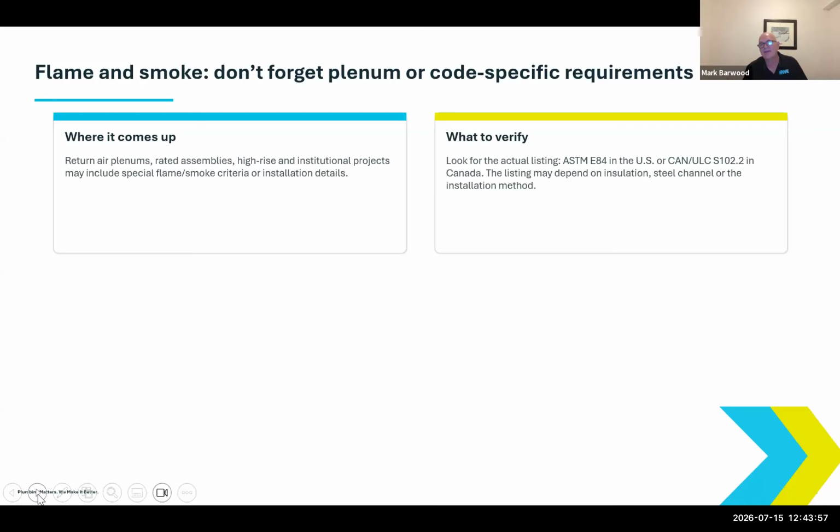So even though they had the standard, it was actually the insulation that was making them pass that standard. And most contractors would never insulate the pipe. It's going to be too costly, too time consuming. They're never going to go back and insulate it. So if you're specifying a high rise, make sure that the pipe is actually S101 and S102.2 rated without insulation.